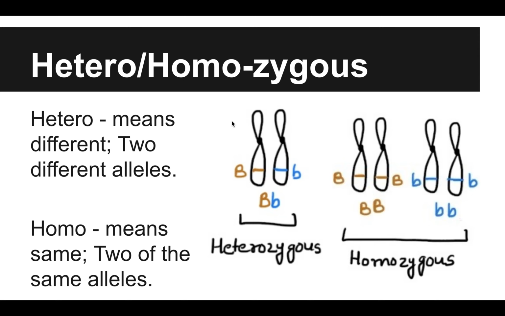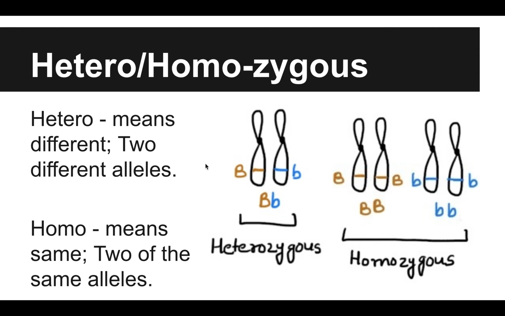But basically, heterozygous means different, 2 different alleles. Homozygous means you have the same allele. It's the same letters for your genotype. Remember, genotype are the genes, which stand for the letters. Again, you need to refer back to your notes for all of this stuff upcoming, okay?